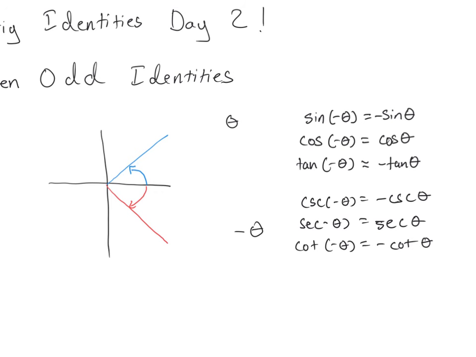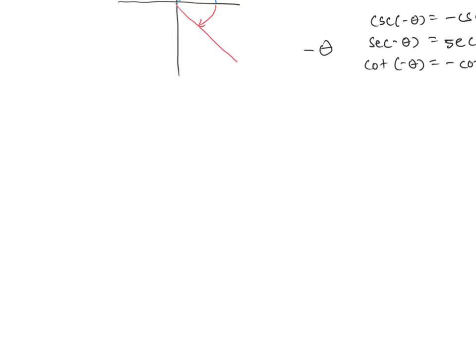So let's put some of this into practice and try to verify some identities. Let's verify our first one, where I said that negative tangent of x must equal sine of negative x over cosine of negative x.